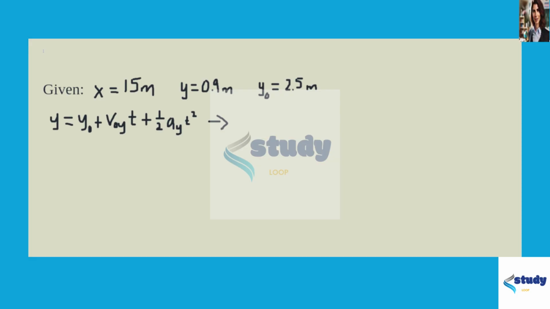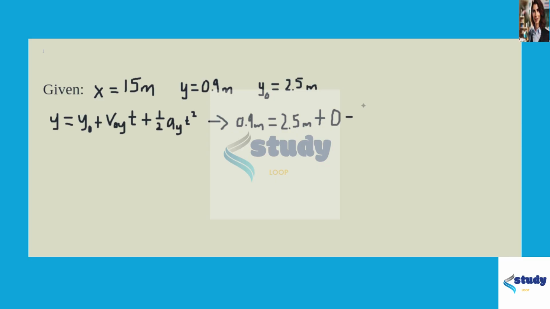At the net, y is 0.9 meters. y naught is 2.5 meters. We said all the velocity is in the x direction since it's launched horizontally, so v of 0y is 0, and this term is going to be 0.